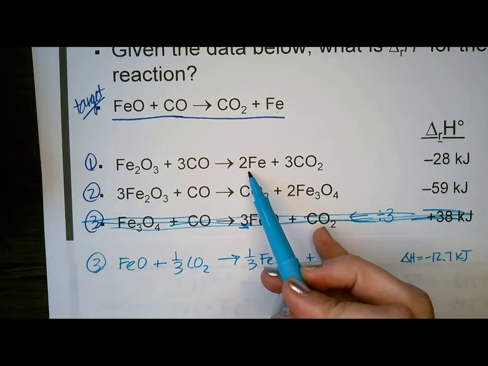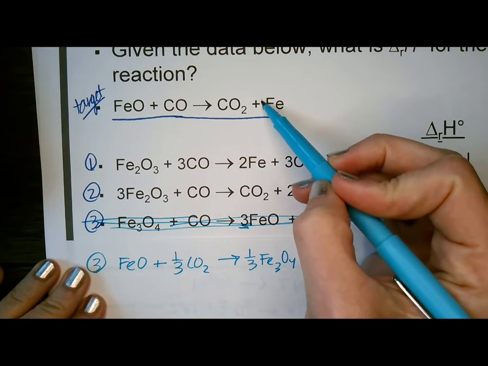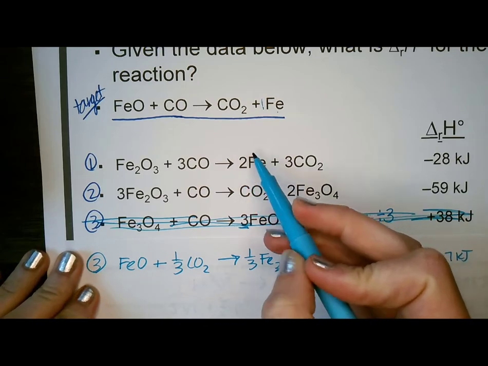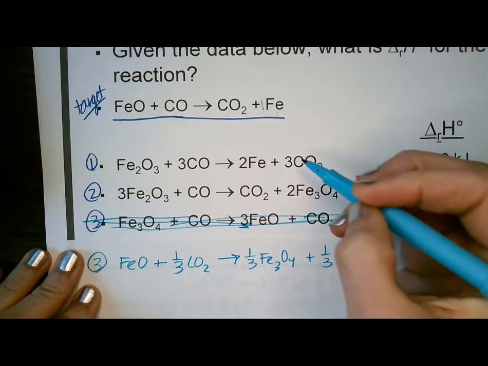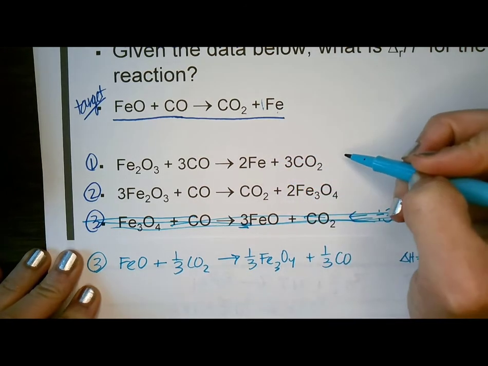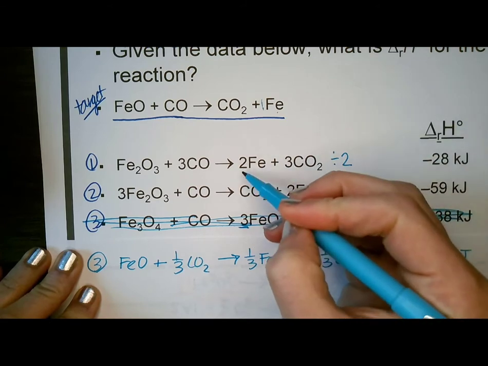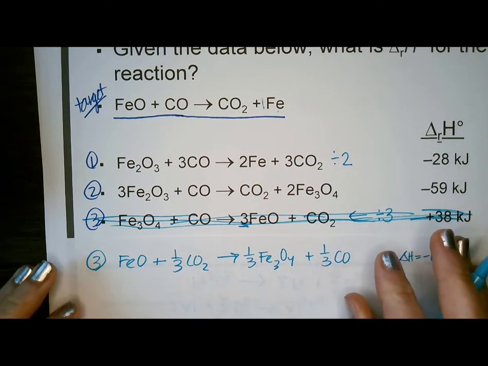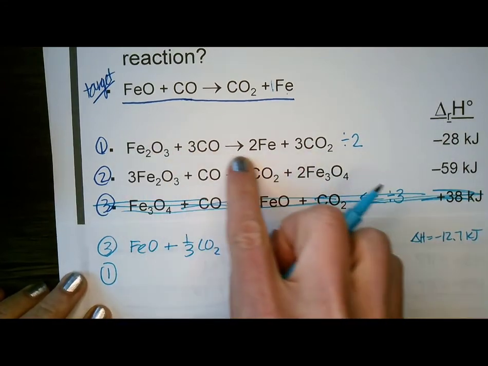And there's Fe. Notice it is on the right, which is great, but what's wrong with it? I want 1 mole of Fe, and here I have 2. So I can leave this in the correct format. I just need to divide by 2, right? 2 divided by 2 will give me 1. So let's rewrite reaction number 1, dividing everything by 2.